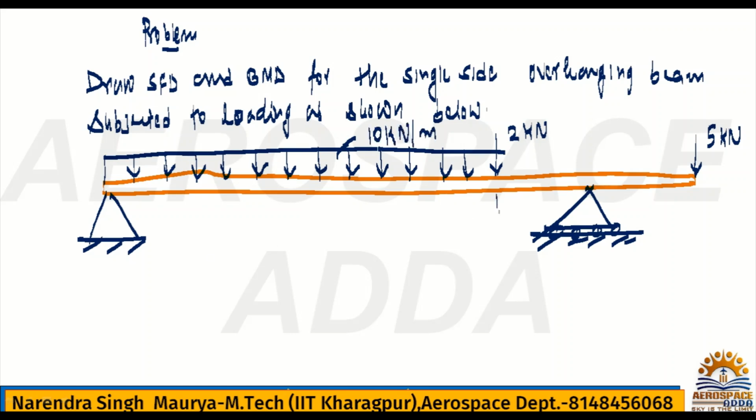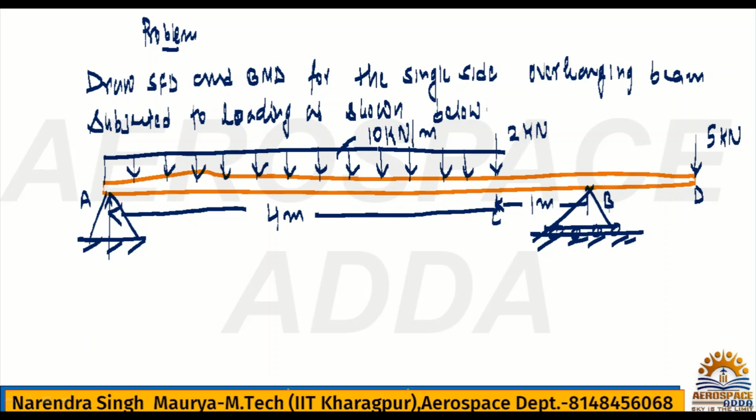This point is C, this point is A, this point is B, and this point is D. So the distance from A to C is 4 meter, this is 1 meter and 2 meter.